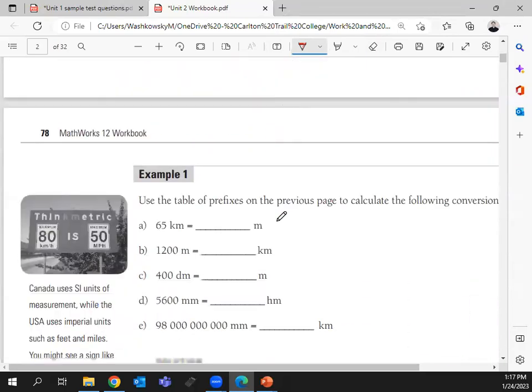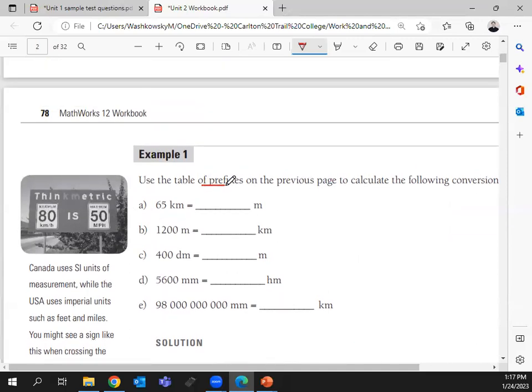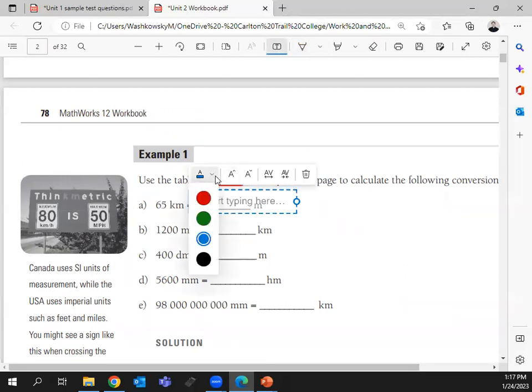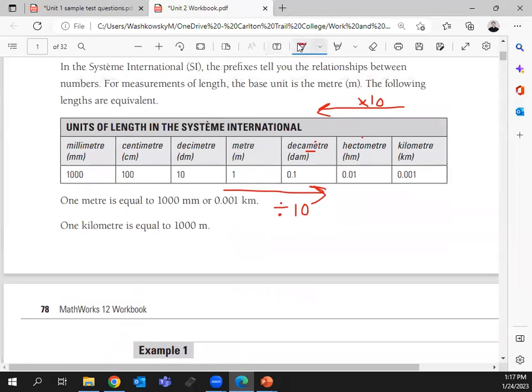If we're using that chart, this is called prefixes. If you're trying to convert 65 kilometers, how many meters would that be? If I'm turning that into meters, that means I'm going from right to left a total of 3 times. So each time is times 10, times 10, times 10.